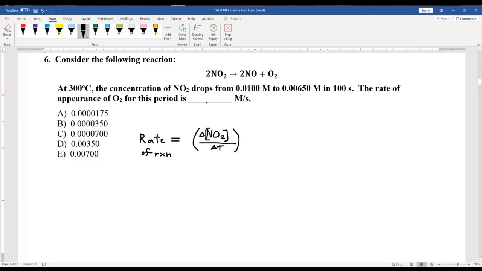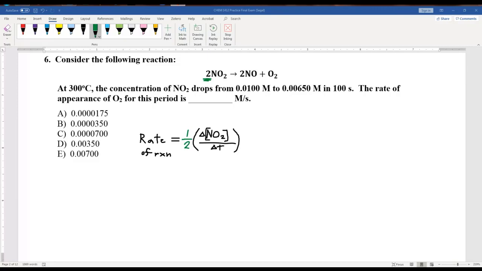But since I have to put this all in the same frame of reference, because this has a coefficient of 2 here, I'm going to put a 1/2, so that it's on par with the other ones. So I'll use the fraction of the coefficient. Another thing is, because this is a reactant, is the amount of reactant in the course of a reaction going to go down or go up? Yeah, it's decreasing.